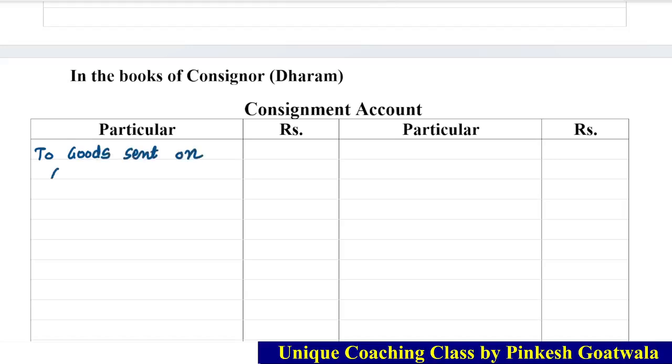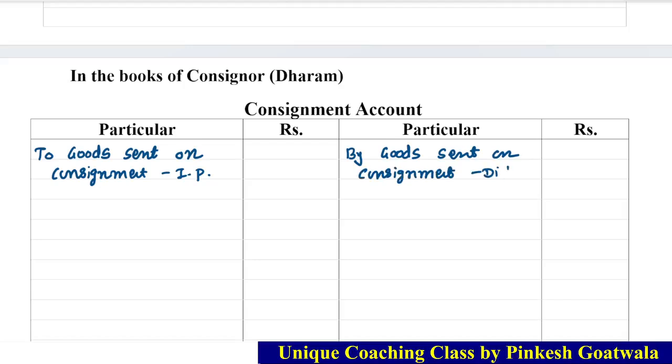Look here, to goods sent on consignment, dash invoice price, and here goods sent on consignment difference. Now we get the final amount.